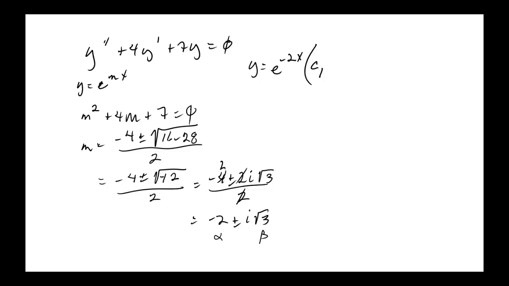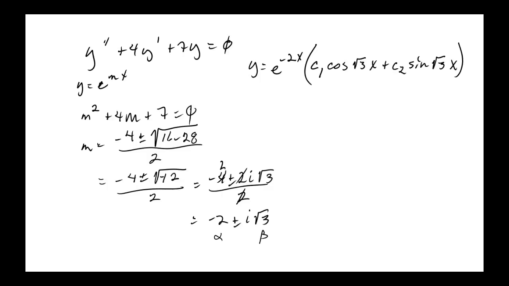Equation 8 above. There's your e to the alpha x. Our alpha in this case was minus 2. And then it's C1 cosine of beta x, and the beta here is the square root of 3, x, plus C2 sine square root of 3 x.